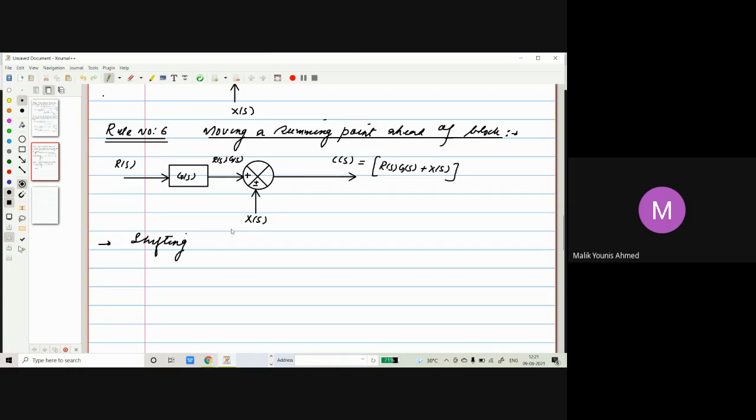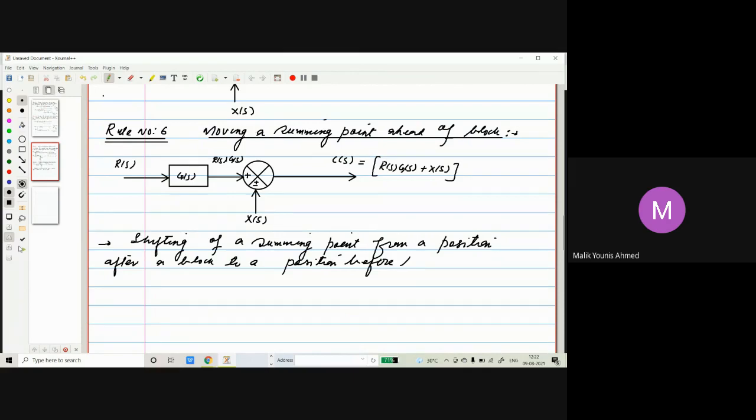Shifting of a summing point from a position after a block to a position before the block.